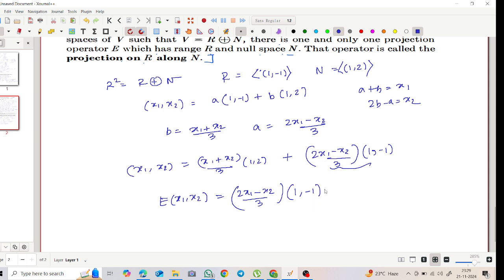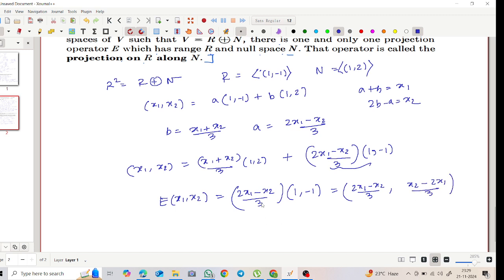Okay, you can also explicitly write down the matrix here, I think, because you take it inside: (2x1 minus x2) by 3 comma (x2 minus 2x1) by 3.